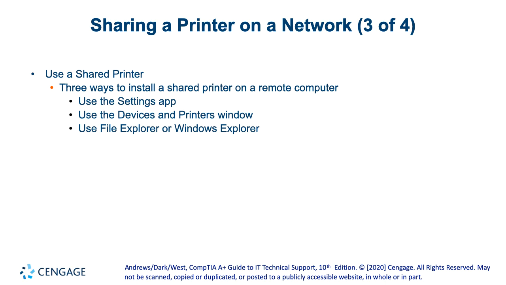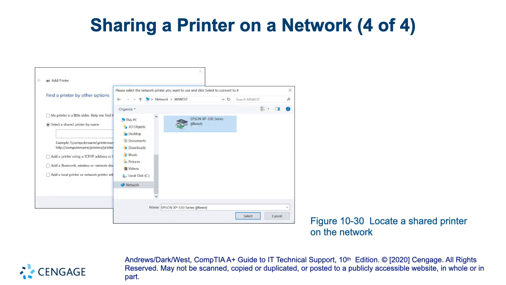There are 3 ways to share a printer. You can use the Settings app, use the Devices and Printers window, or File Explorer or Windows Explorer. You can add a shared printer and click on it. Here's finding it in File Explorer. You go in the Network tab, and if it sees it on the network, that's one way you can add it.